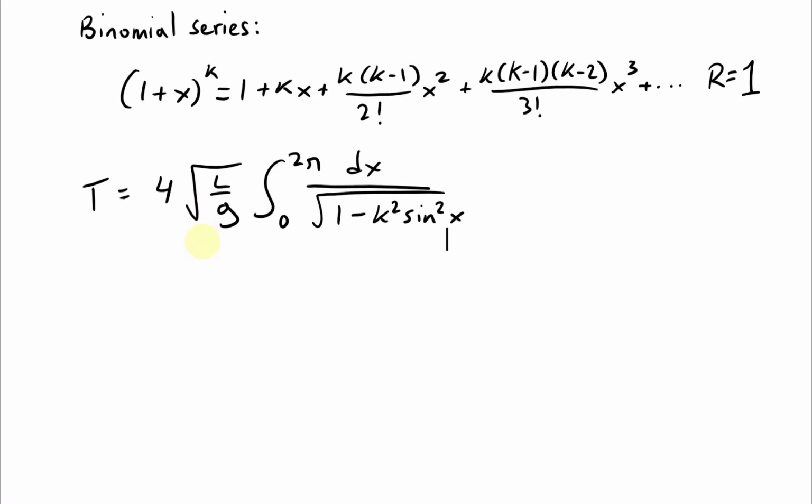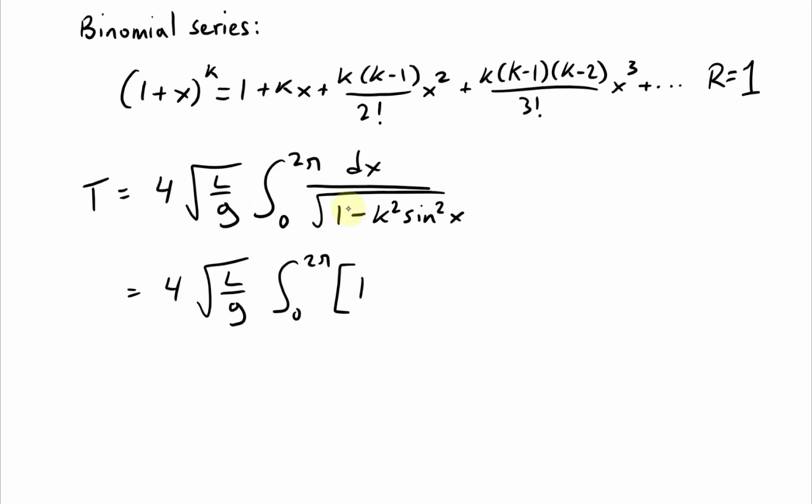And now in our usual format, we'll rearrange this so it looks like the binomial series. So this equals 4 times the square root of L over g, and the integral from 0 to pi over 2. Now I'm going to write the square root as a power of negative 1/2.